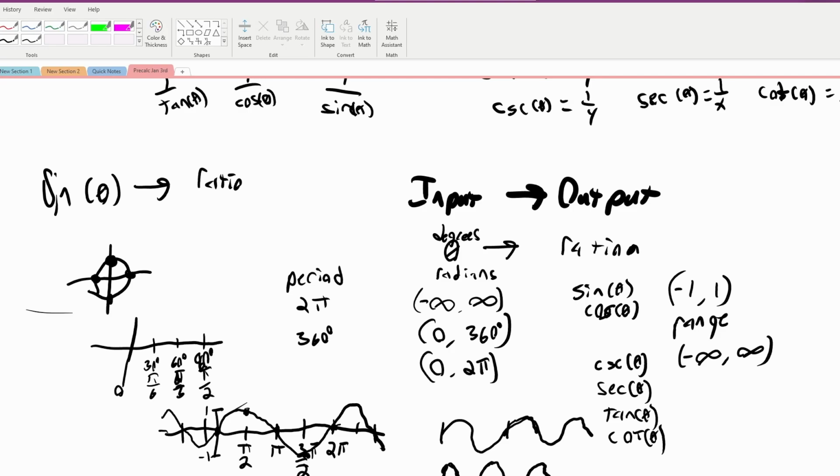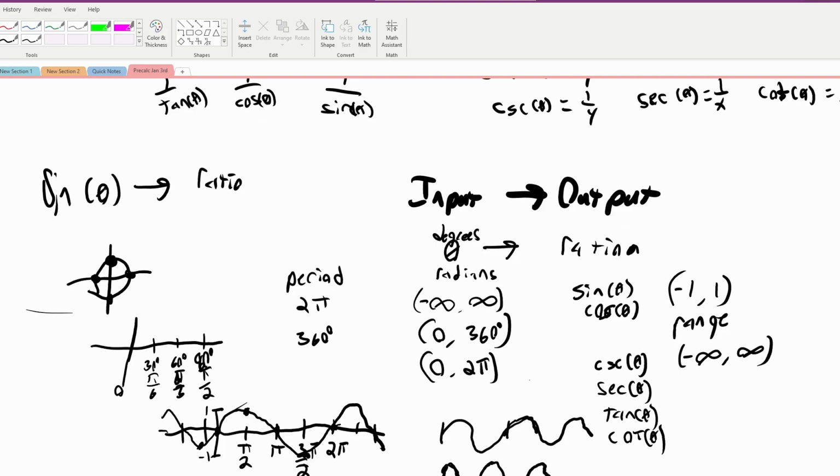So it's as if we took these points and reflected them across both the y-axis and x-axis to get an equivalent point. So this is symmetric about the origin. The other way we describe this is as an odd function. So sine is considered an odd function.